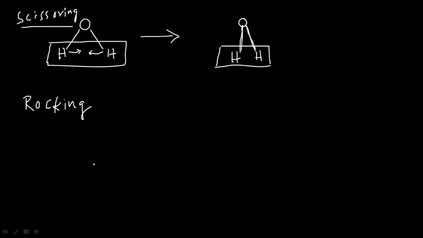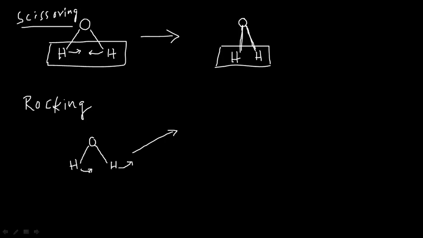For the case of rocking, same water molecule I am taking. Only in plane movement takes part. Suppose one of the hydrogen atoms is coming near to the other hydrogen atom, and at the same time the second hydrogen atom also moves apart.